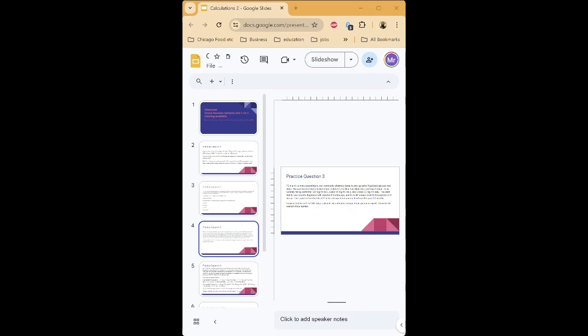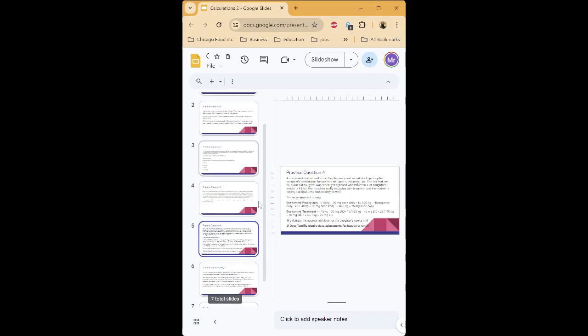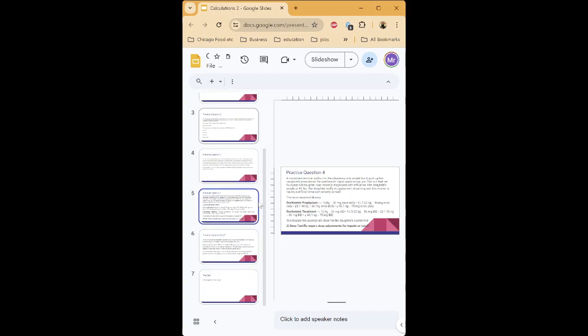Any questions or concerns for practice question 3? All right, very good. Let's move on to 4.